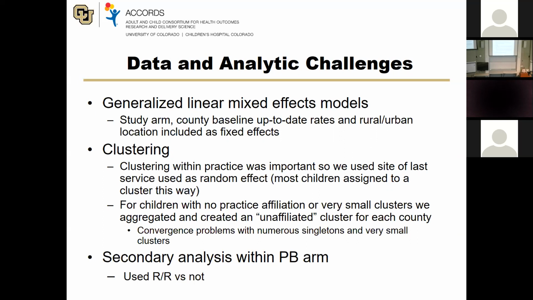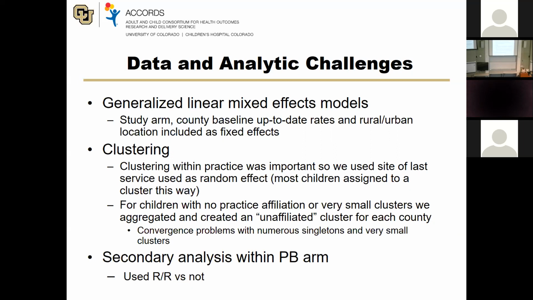So we were trying to decide, here we've got this problem, what do we do about it? What we decided to do was within each county, for the very small clusters and the singletons, we aggregated them into a single county-level "unaffiliated" cluster. And that actually worked quite well.